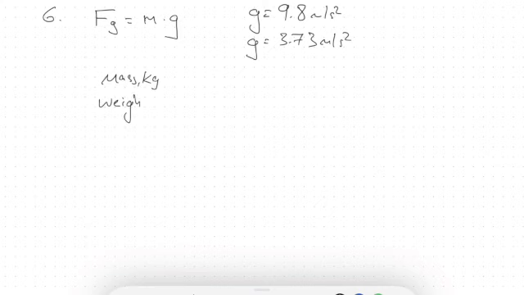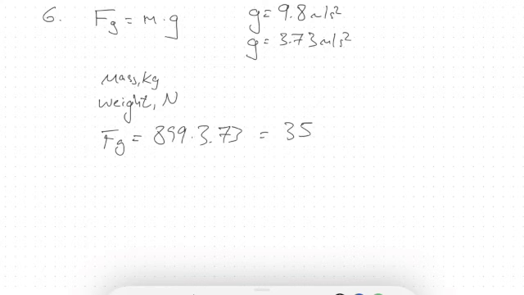So this is just asking to plug these 2 numbers into this equation. Fg equals 899 times 3.73. That's it. So that's 3353 newtons. We round that to 3350 newtons. A.